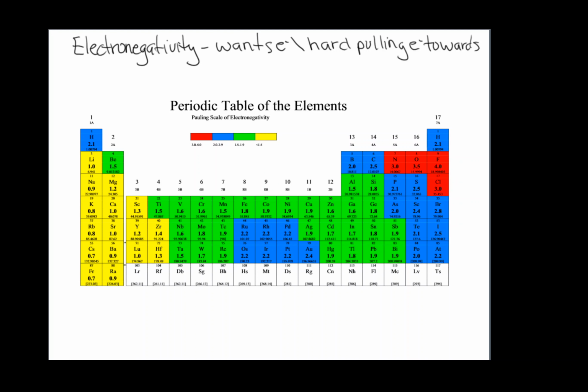Now, where does that come from? Just a really quick review, something called effective nuclear charge, Zeff. Oh no! I never wanted to hear that word again. It's so useful. And let's just do a real brief review of effective nuclear charge.